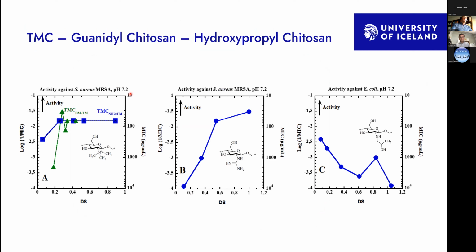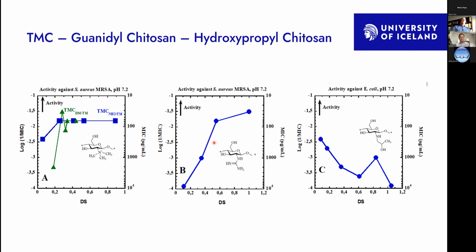This is also another, actually we show here the same result, and from the results I showed here, these are just shown together, that you have this correlation when you have a cationic group, and this is the guanidine group, which is very basic and will be cationic.